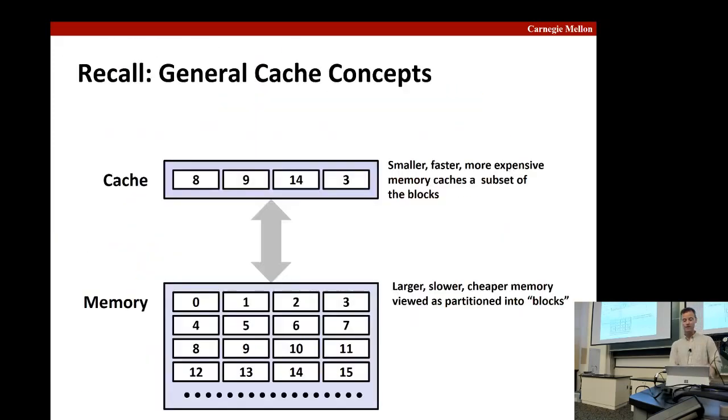Okay, and then we have this notion that we can view any two consecutive layers in this hierarchy as one being the cache for the layer right below it. So here's the cache, which is much smaller than the thing below it. Let's call the thing below it memory. We think of memory as being divided into blocks that are the size of the unit of transfer back and forth. So if you want to access this block from memory, you bring it into the cache itself.